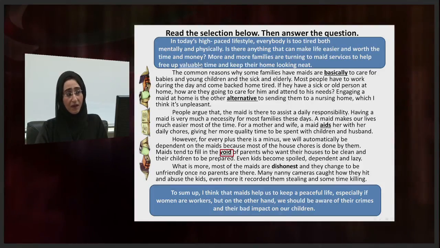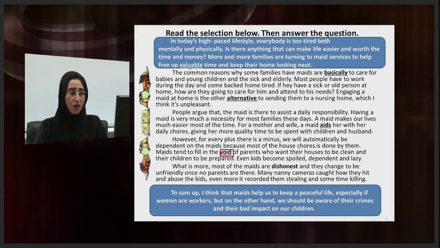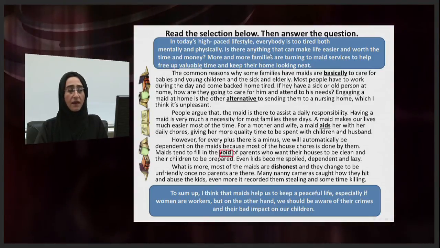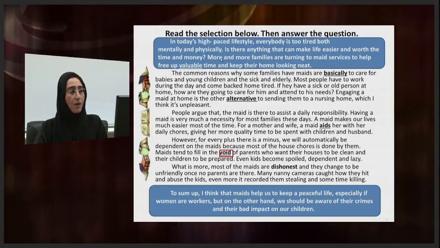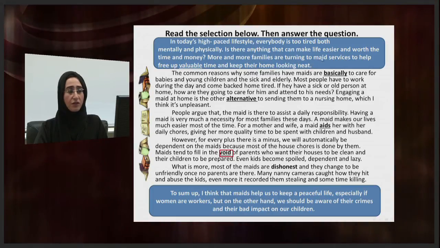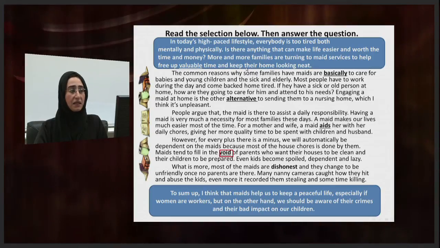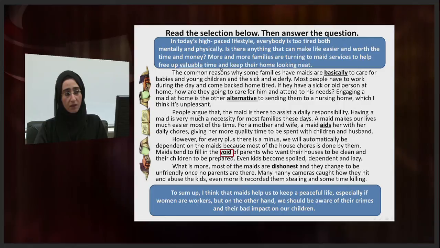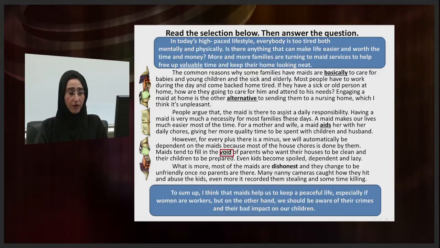So if it's changing the word class, you will know which word class it is, and again it will minimize the number of choices. For example, more and more families are turning to maid services to help free up valuable time and keep their home looking neat. Valuable here, look at this, value and able. So this will help you also get the meaning of the word.